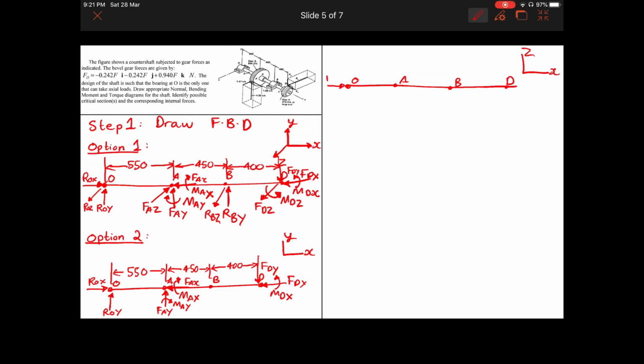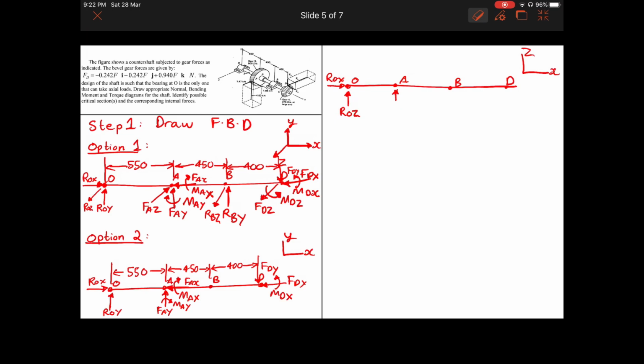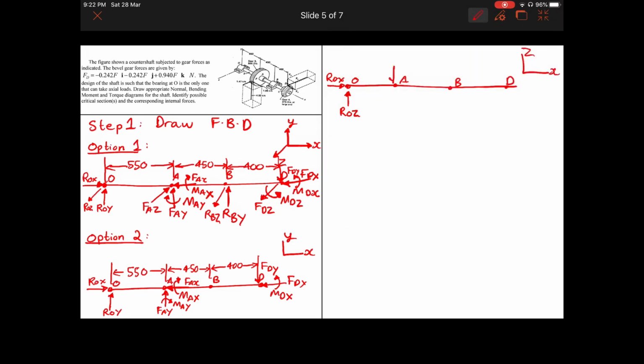And this again we are repeating the forces ROX, and this time it will be ROZ. And here we have FAZ, but it is in the negative direction. So I'll go back and fix it.